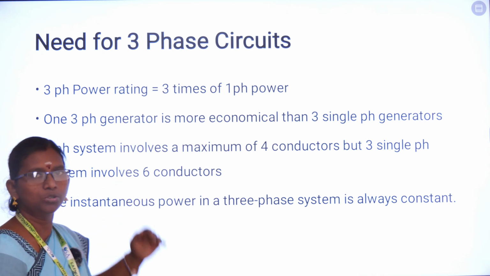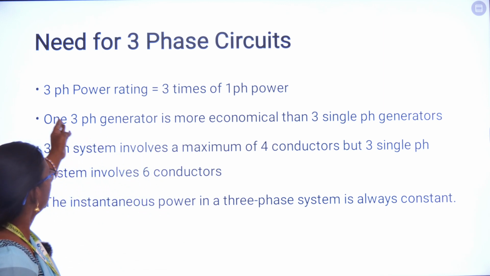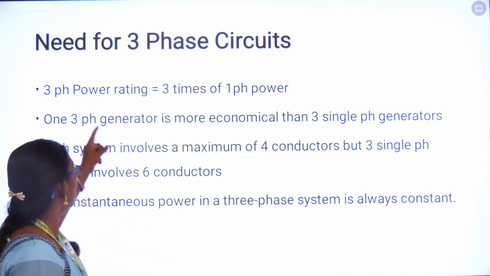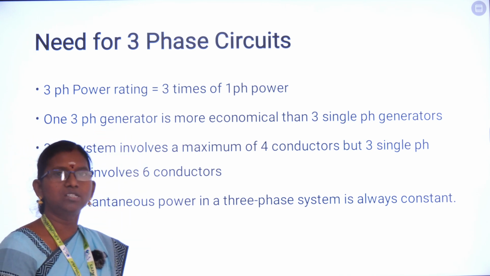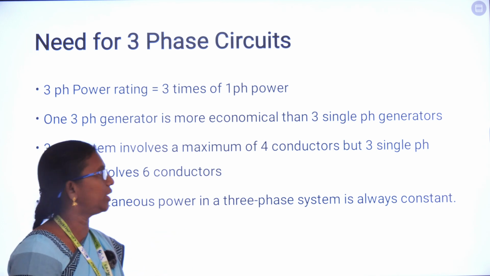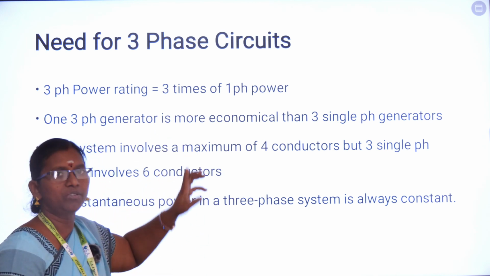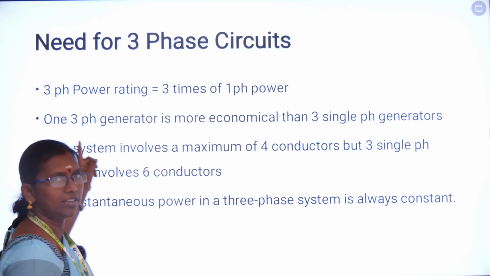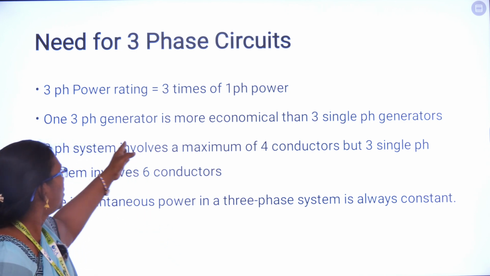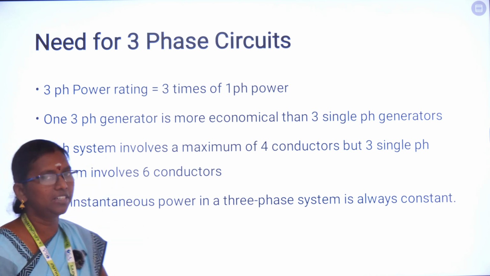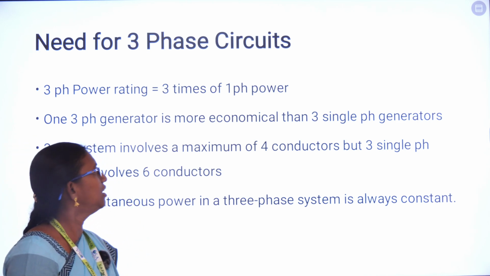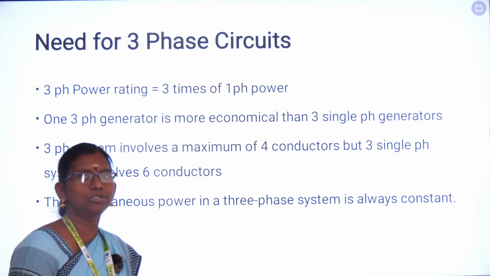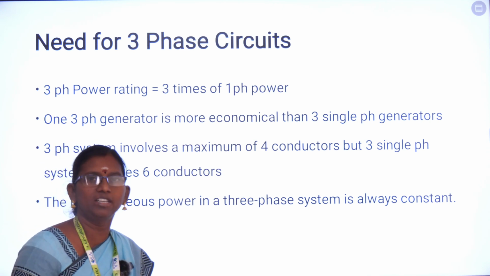The first and foremost advantage is that with a single three-phase power system, the power rating achieved is equivalent to 3 times the power rating of a single phase. That is the main advantage. Also, one 3-phase generator is more economical than 3 single-phase generators, so the generator cost is also reduced.